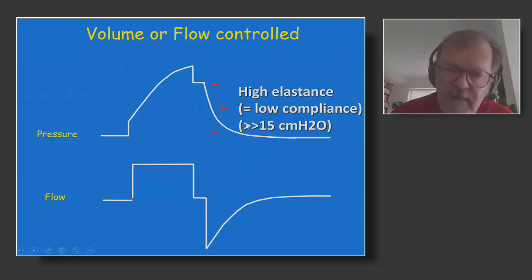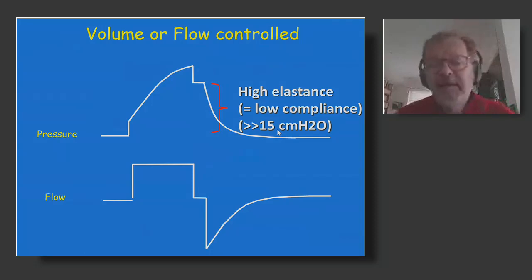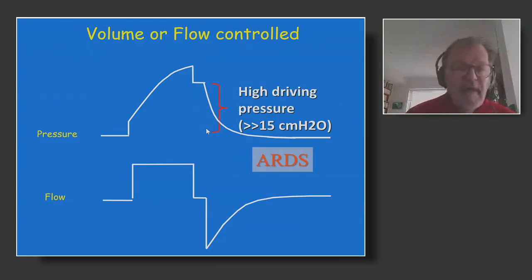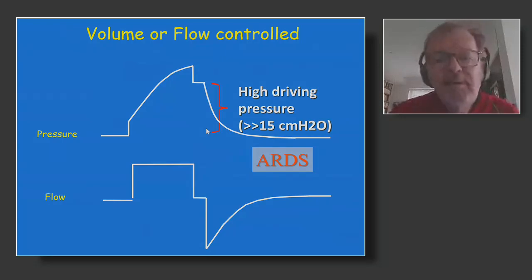And when we say high or low, we keep in mind this limit, which is very useful for clinical practice: when this elastic pressure becomes higher than 15 centimeters of water, it's risky for the lung. It becomes dangerous for the lung. For instance, in ARDS, we look at this elastic pressure, we call it the driving pressure, and we try to maintain the driving pressure below 15 centimeters of water.